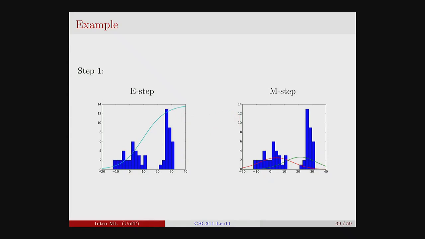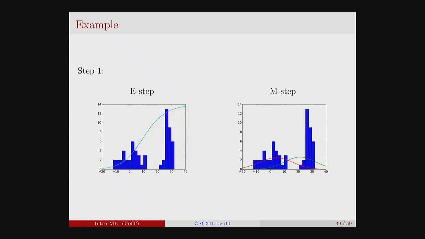And it's indicating that you had your first Gaussian look something like this originally. What that posterior probability is indicating is that most of the points here are likely to have come from that cluster. So that's why we have a high value in this region of the space and a low value in this region of the space for the posterior expectation.